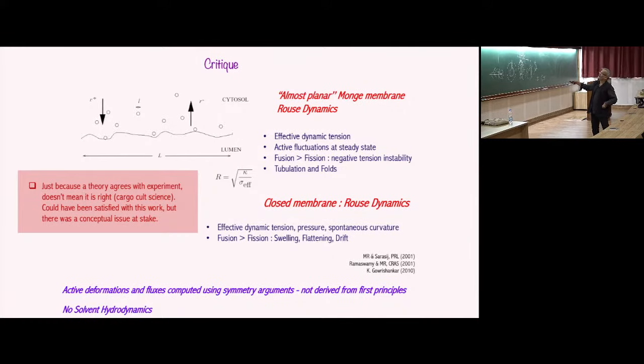The predictions were that it forms tubulations and folds. You get negative tension instabilities. There's an effective dynamic tension, and there is a flattening of the closed membrane, and there's a drift. These were predictions that came out from these simple considerations that I talked about, without including hydrodynamics.